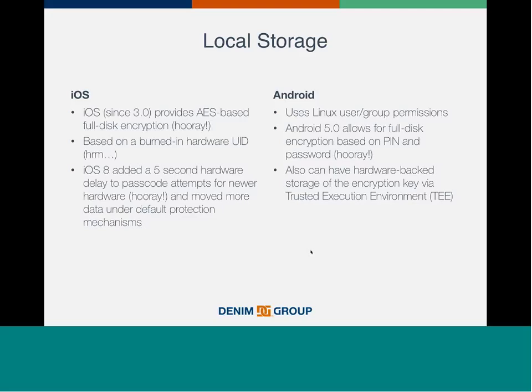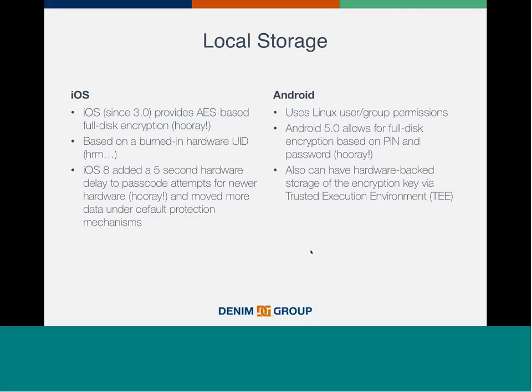Also, looking at the base file system protections. iOS since 3.0 provides some AES-based full disk encryption, which I would argue is a good thing. Originally based on a burned-in hardware identifier, which has certain pitfalls associated with it.